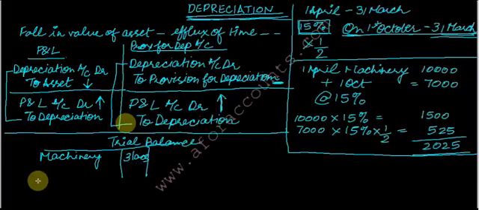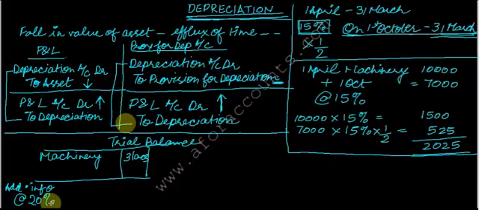And below the trial balance, in the additional information, what is given? It is given that charge depreciation at the rate 20% on machinery. This is given below the trial balance.